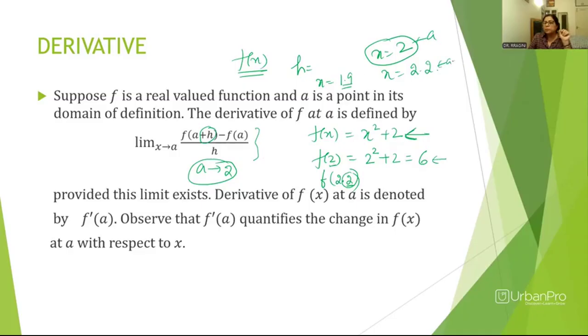Now this is a plus h. In this case, a plus h is greater. Here a plus h is a little bit less than a. So we can do it either way. If this is 2 and we are bringing a little bit of change in the value of x, instead of 2, I have to calculate the value at 2.1 or 1.9. There is a little bit of change, right?